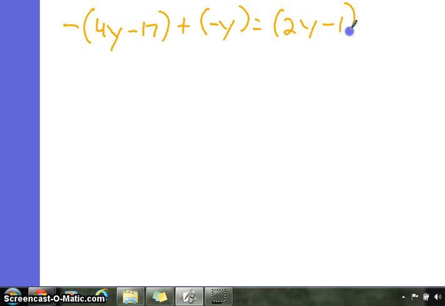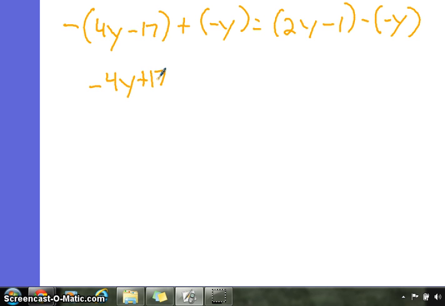Okay, now the hardest one that I'm going to do. And the only reason why it's hard is you got a lot of negatives to keep track of. Remember, when you got a negative sign on the outside like that, it's really got a 1 there. So this is negative 4y, positive 17 when I multiply my negative.